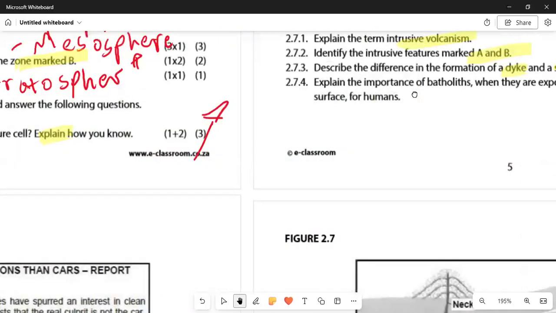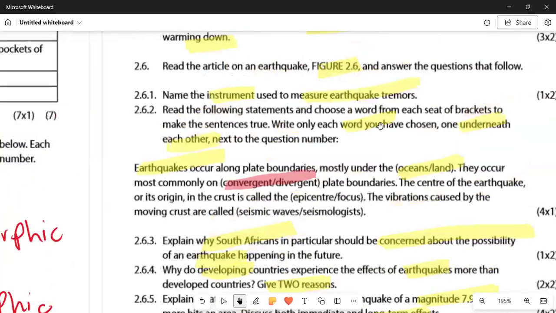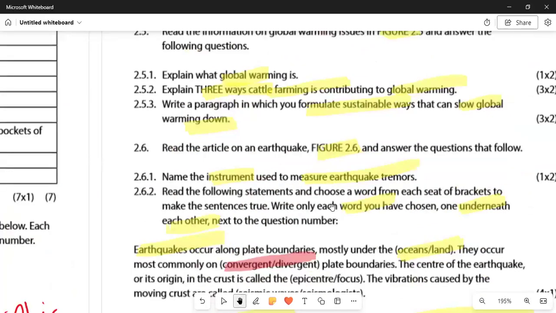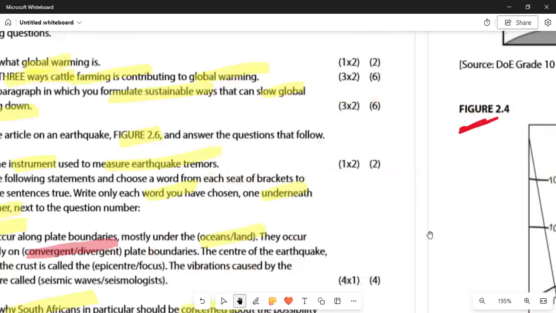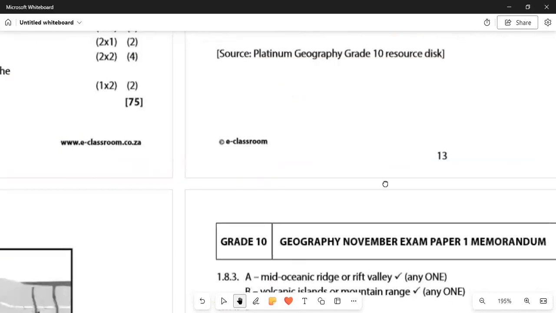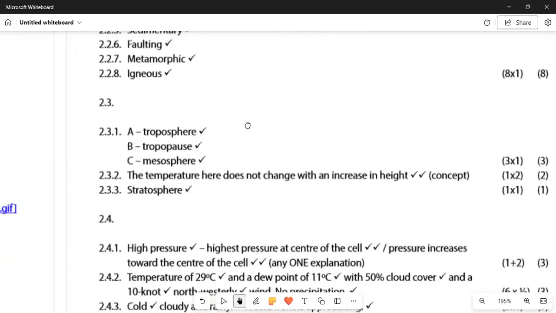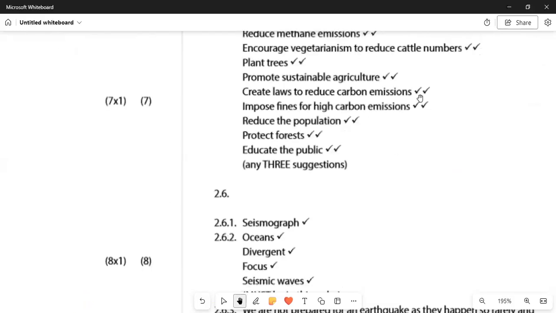Right? And then if we are moving on again, we can see that we have read the article there, and it asks what global warming is. So we need to understand the concept of global warming there in 2.5.1. When we are talking about global warming in 2.5.1, we can see that it is referred to on this page.